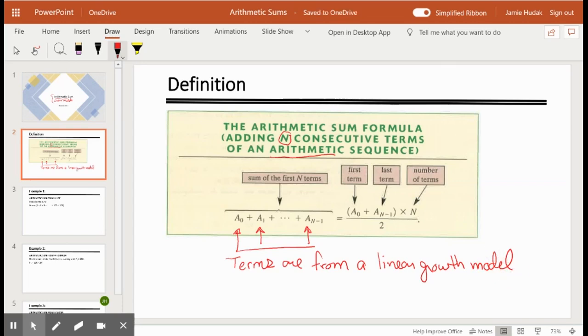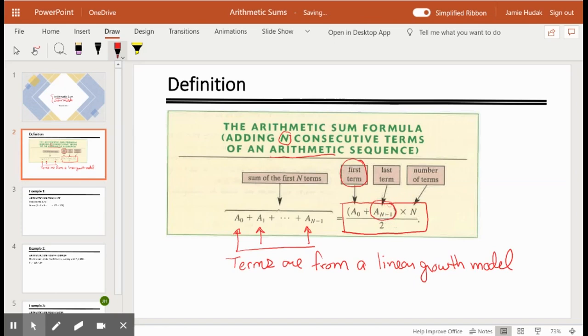So once we've identified we're adding up the terms of a linear growth model or an arithmetic sequence, we have a formula for calculating the sum. So it says a sub 0, which we should understand is the first term. We call that the initial population or the initial term.